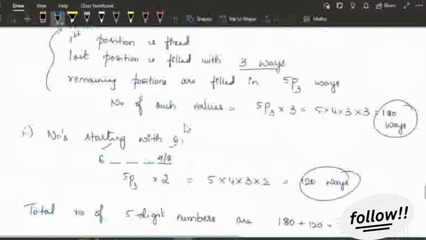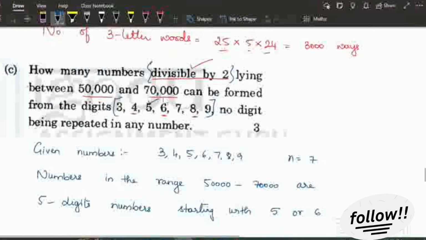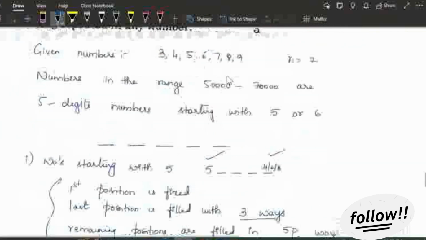So if the numbers have to be between 50,000 and 70,000, we had to apply restriction for the first position. And since the numbers should be divisible by 2, we have to apply restriction for the last digit also.